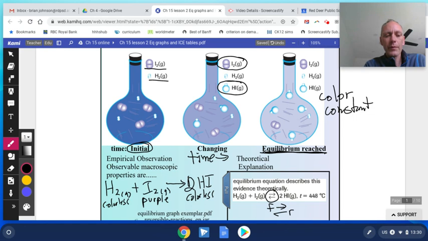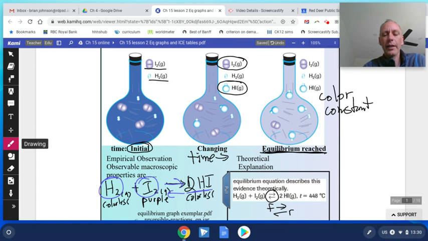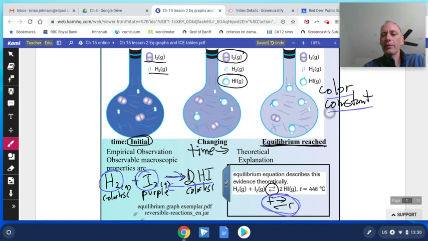Every time 2 of these molecules collide and move forward, 2 of these molecules move in reverse to make hydrogen and iodine. So it's at equilibrium. This is the theoretical description, and this is the empirical description. The observable properties are constant.